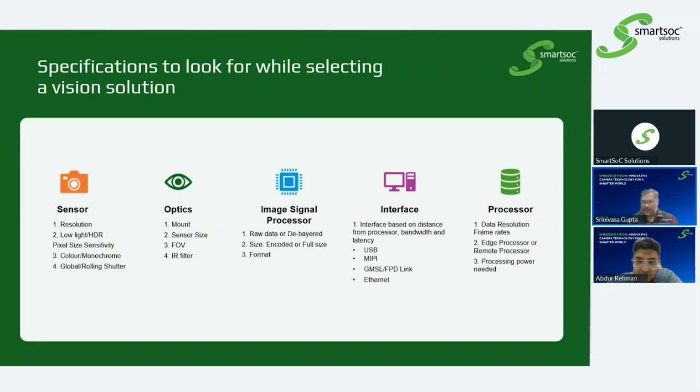Also, is it monochrome or color. There are applications where a different shutter is required. For example, a global shutter captures the image at once, and then processes it and sends data line by line. Whereas a rolling shutter captures the image line by line and also sends the data line by line.